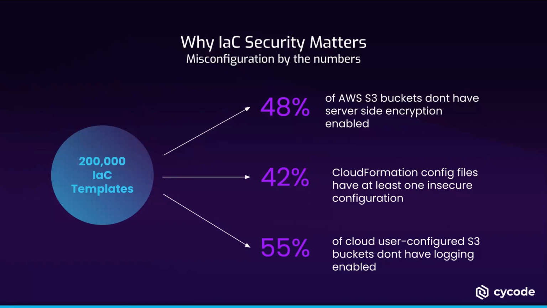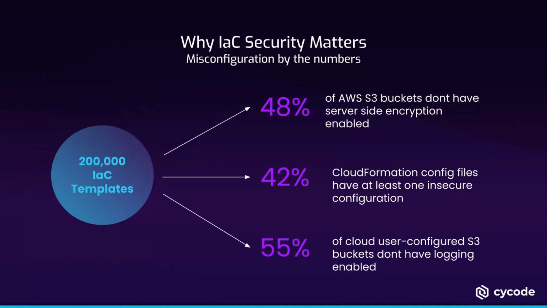We can see that just by scanning these, it appears that almost 50% of these templates had AWS S3 buckets without server-side encryption enabled, which is a very standard and required configuration in order to make sure that your bucket and the data that is stored is secured.